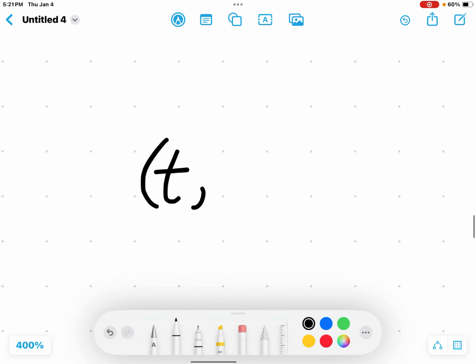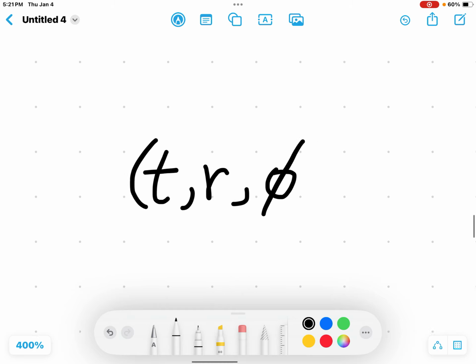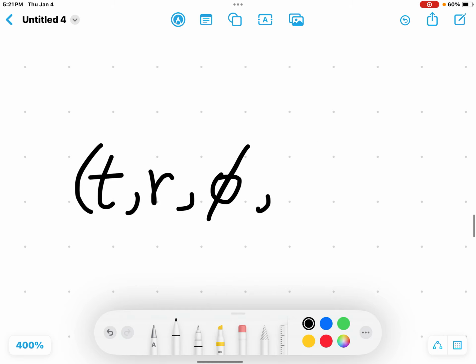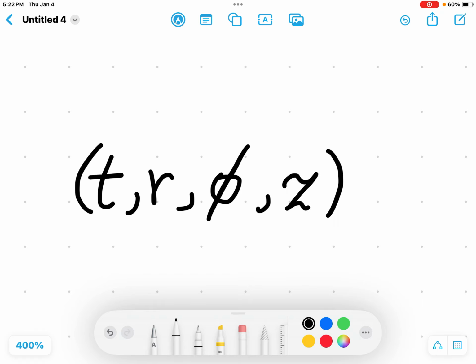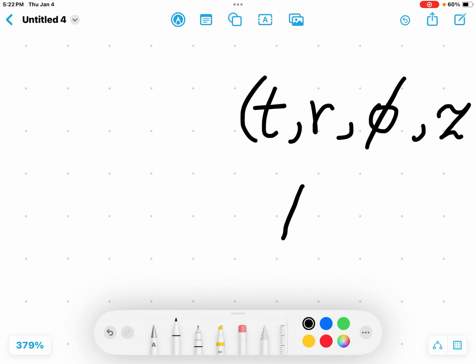We still have the same radial line r, and the same azimuthal angle phi, but instead of a theta over here, what I have is a z. In fact, in your first introduction to general relativity, Professor Hughes used this type of coordinate.